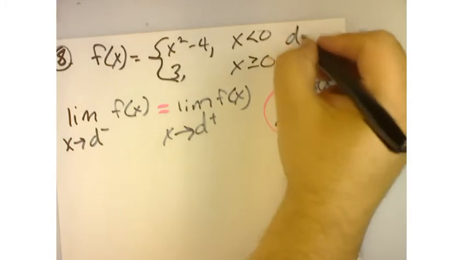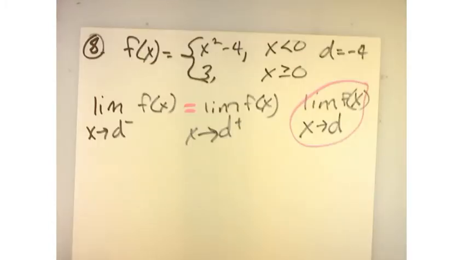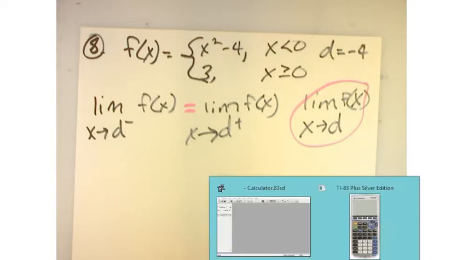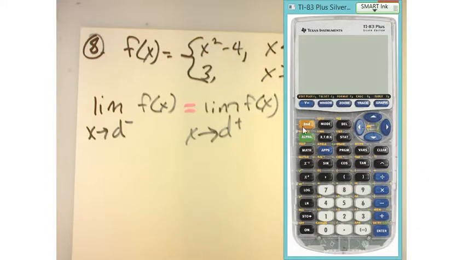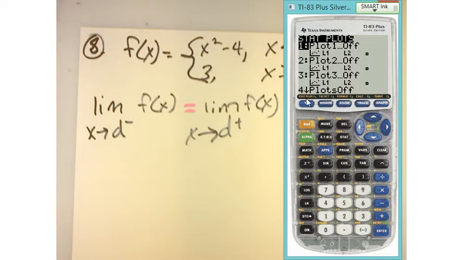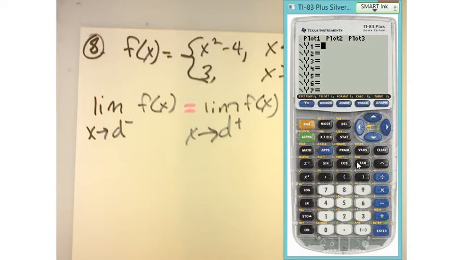Now, what if d is equal to negative 4? If d is equal to negative 4, then where do I plug that in? To the first equation. So I'm just going to graph this, and I'm going to say y equals x squared minus 4.